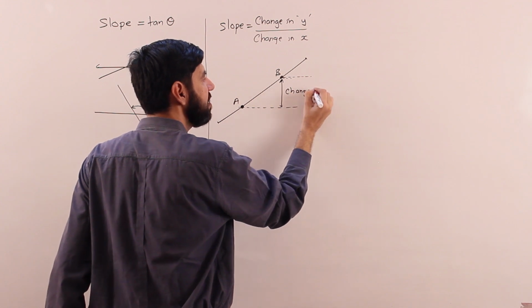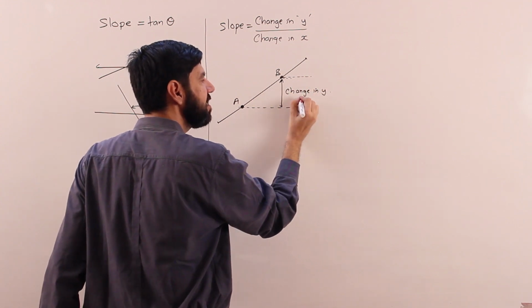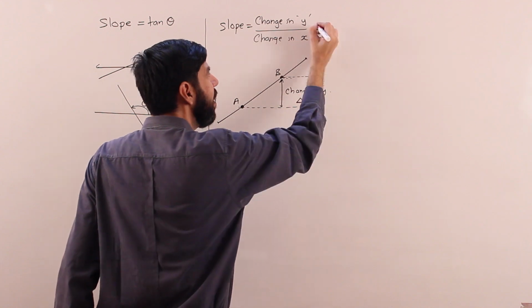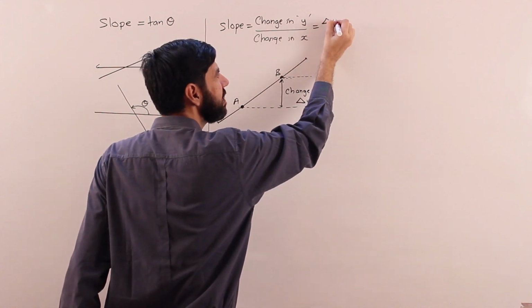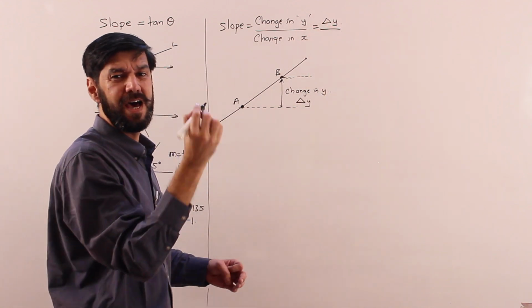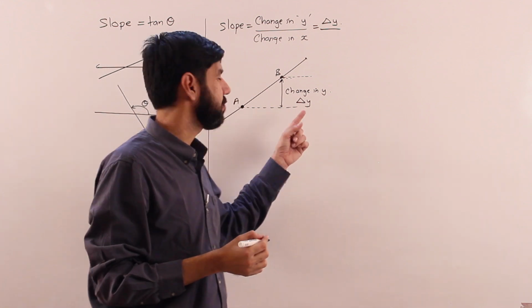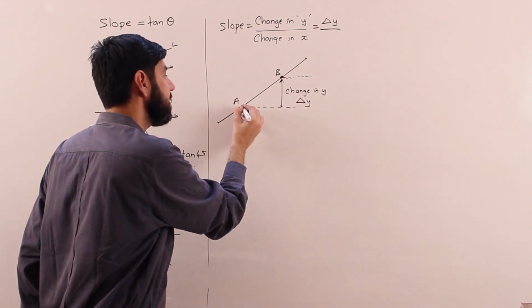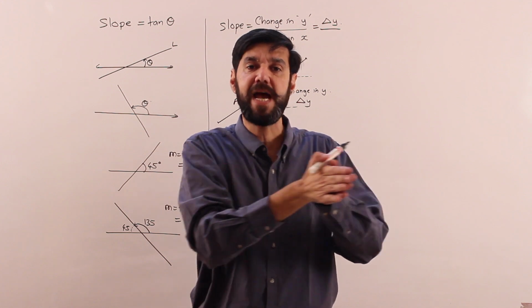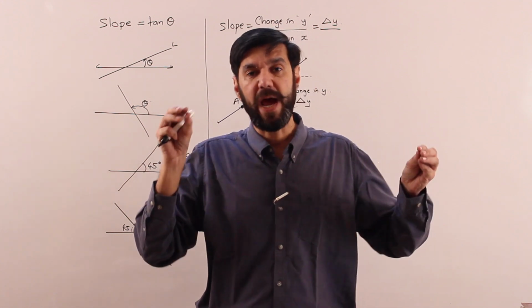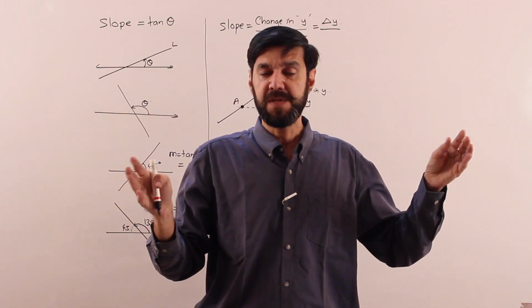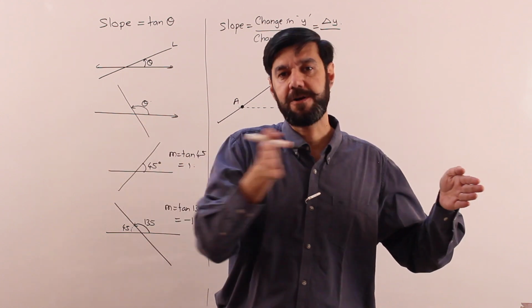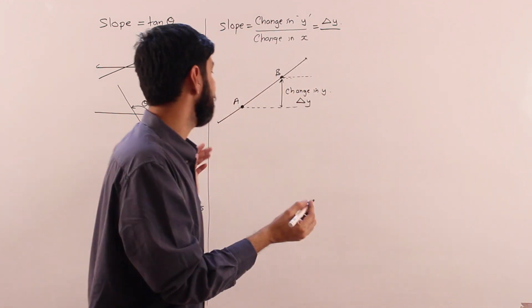This is called your change in y. And this change in y, it's much easier to write it as delta y. Don't get scared of these symbols. These are just to reduce our writing effort. That's about it. So delta means change. At the same time, is there a change in my x coordinate also when I move from point A to B? On the right-left dimension, have I shifted?